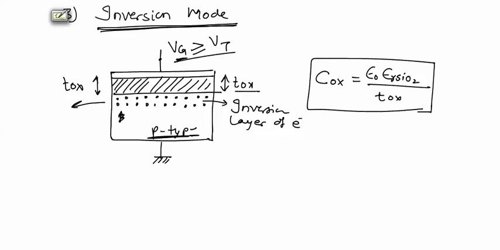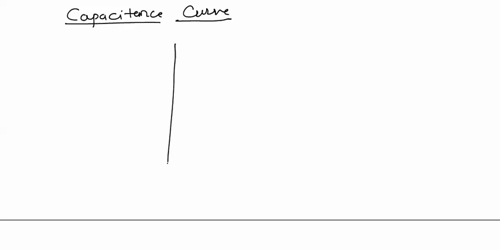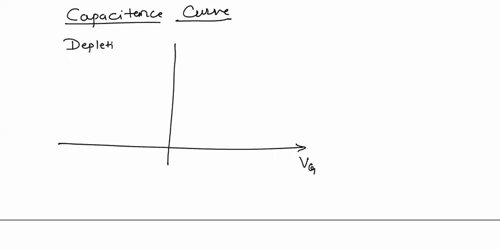Now we will draw the capacitance curve for MOS capacitor. If we apply a negative gate voltage, then it will operate in depletion mode, and in the depletion mode the capacitance is C oxide.